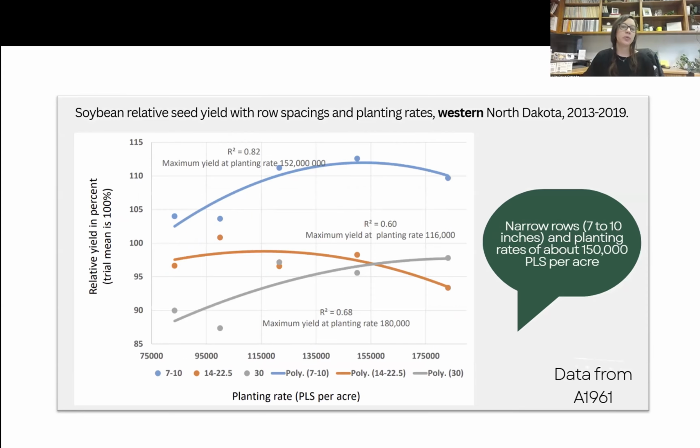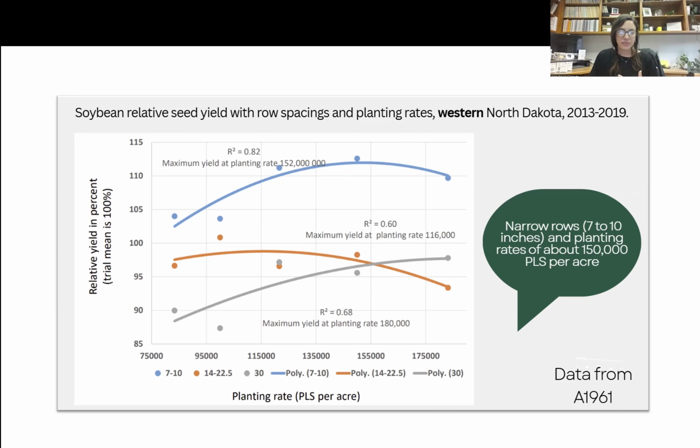And now we move to the NDSU recommendation for the western side of North Dakota. And here is where I don't agree that much. If you see the blue line, that's the narrow rows, and it shows that you might have a yield advantage when you are using narrow rows from 7 to 10 inches.